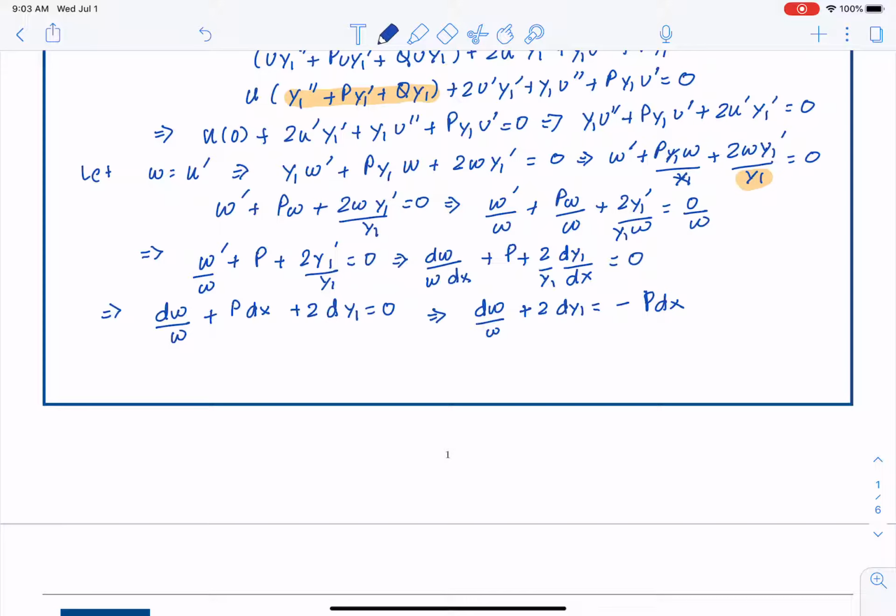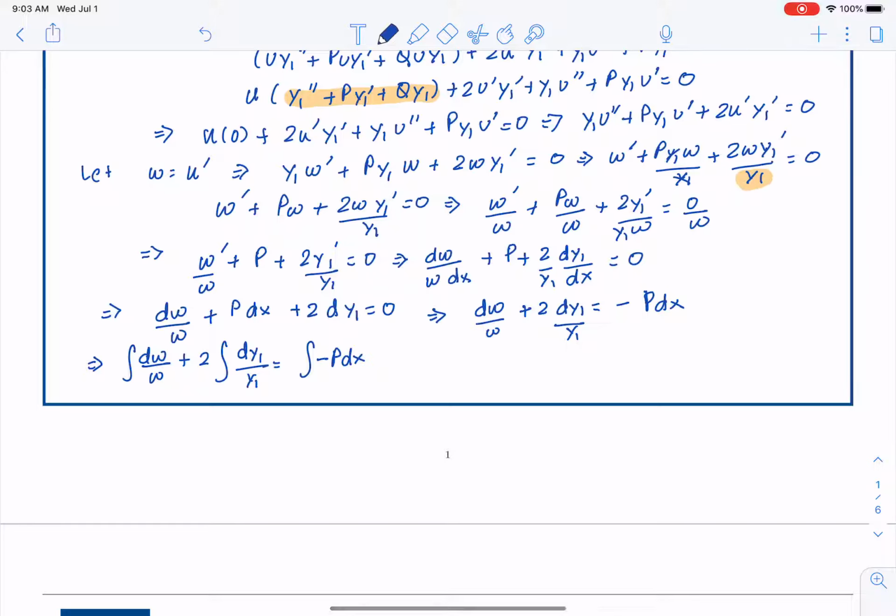And now I'm going to integrate on both sides. So integral of dw over w plus 2 times integral dy1 over y1 equals integral minus p dx.